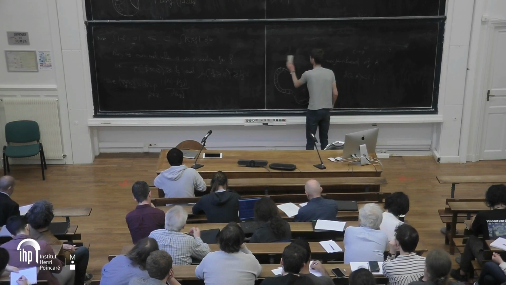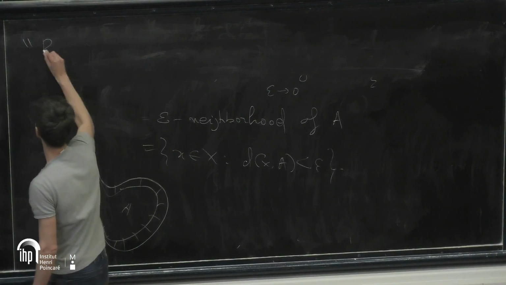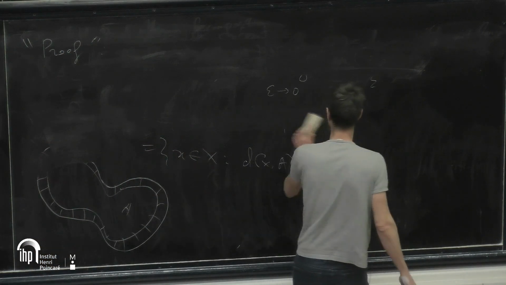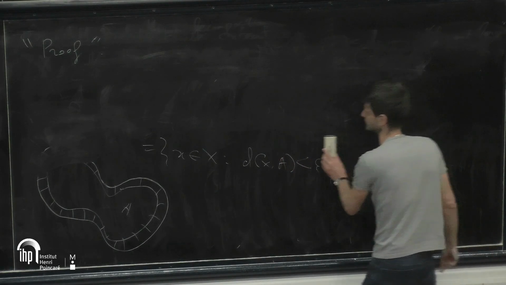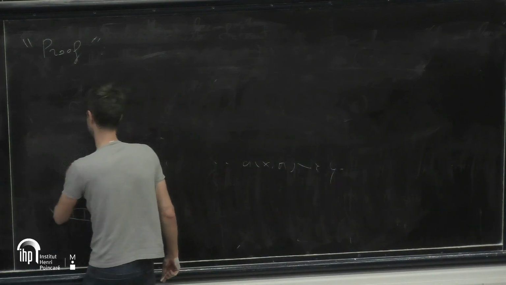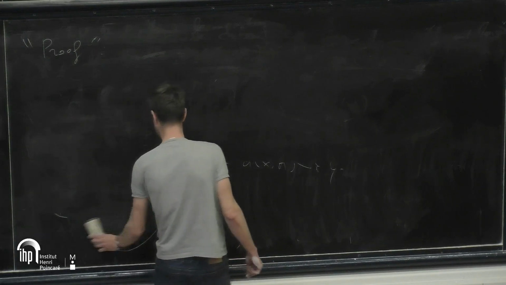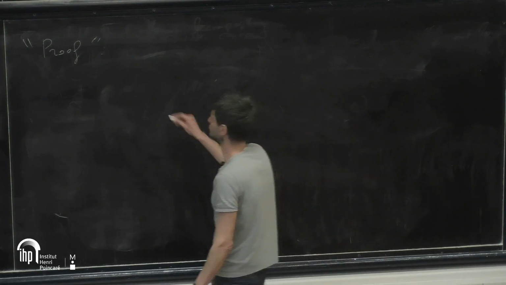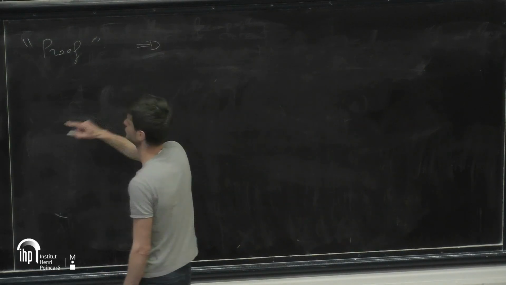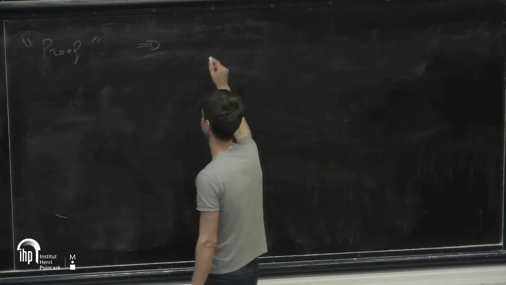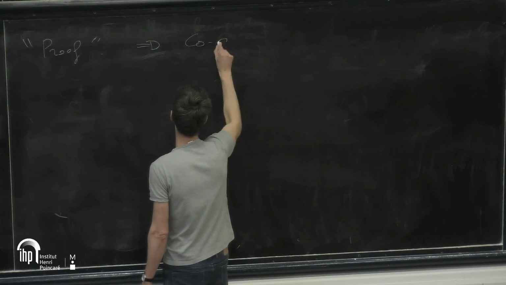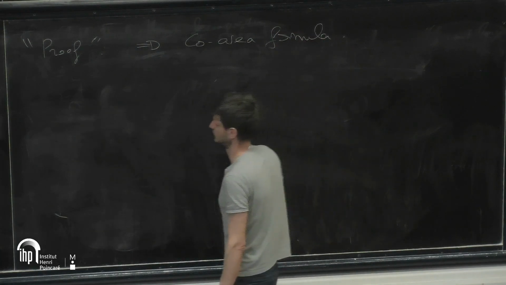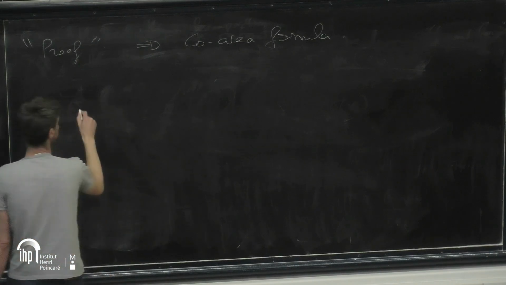Okay, maybe a proof sketch of this. So it's not a proof. To go from Cheeger to this inequality, you need something called the co-area formula, which is the following.